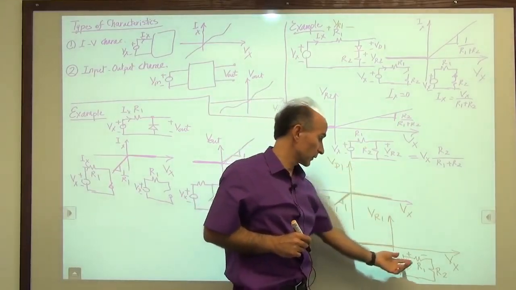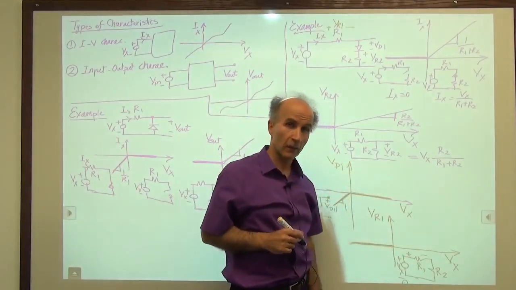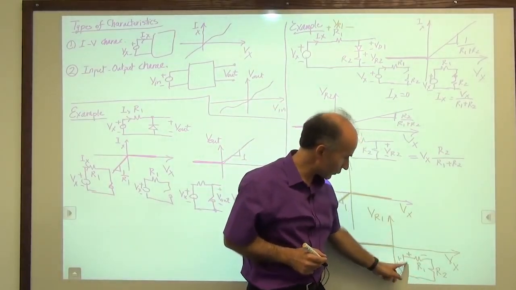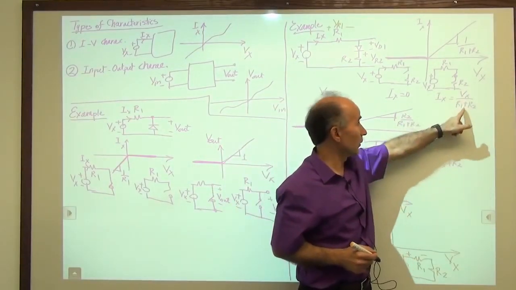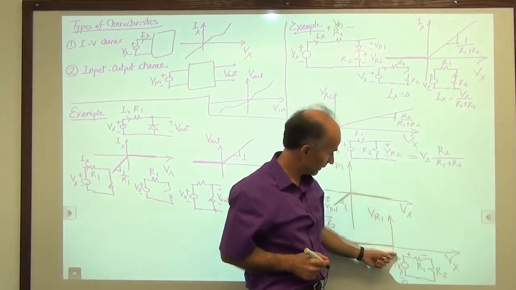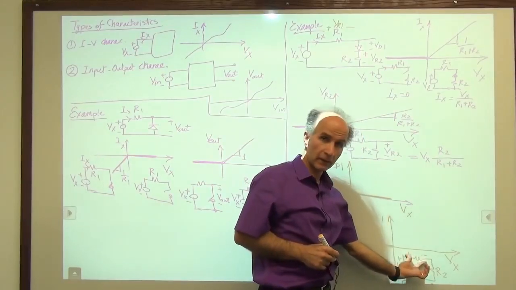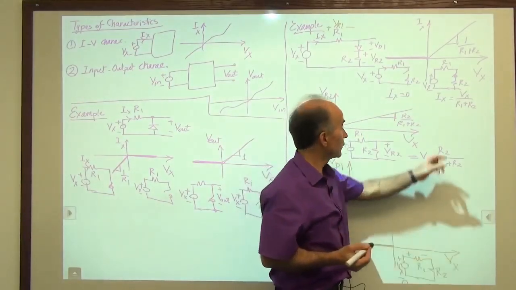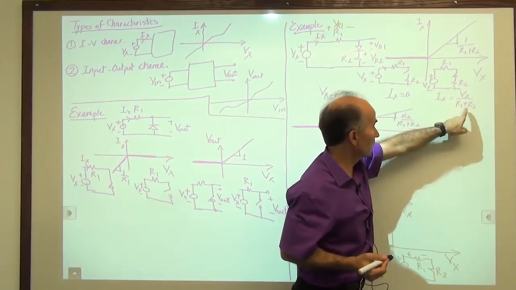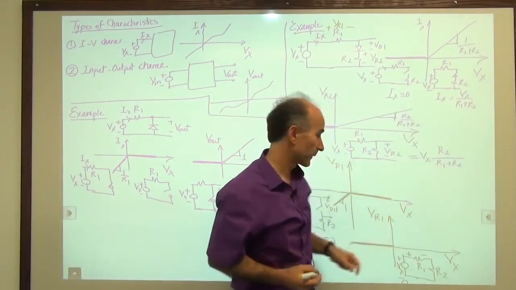Now we are interested in the voltage across R1. If you don't like that, you can say that the current flowing through this branch is given by this equation. That current multiplied by this resistor gives me R1 over R1 plus R2 times Vx.